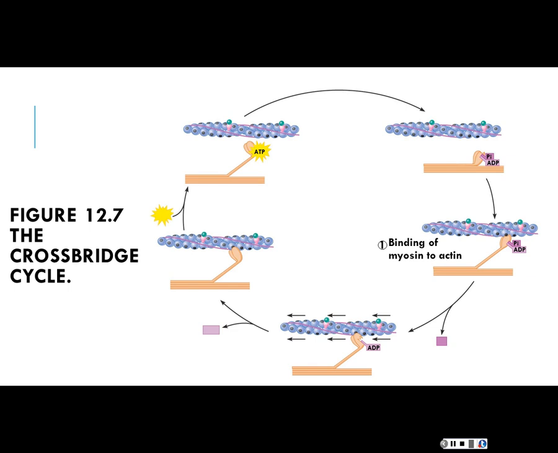And what happens is, after ATP is available, first we're going to see inorganic phosphate removed. So inorganic phosphate is released. So what is still bound to the myosin head? ADP. And when that happens, look at the state of that globular head.